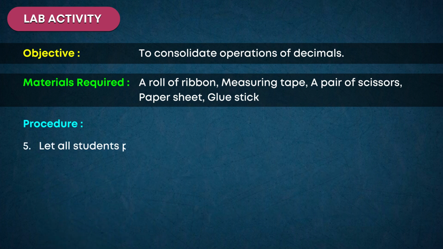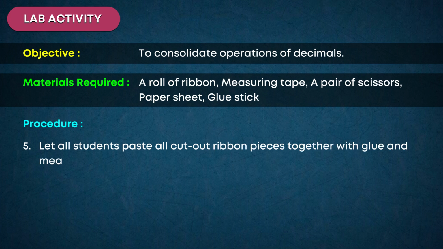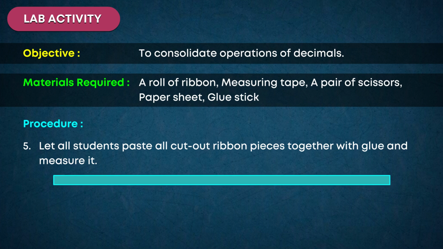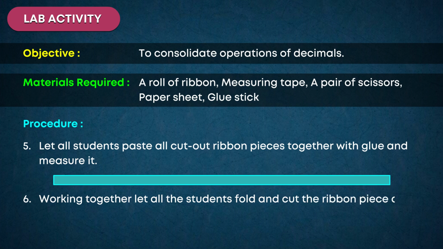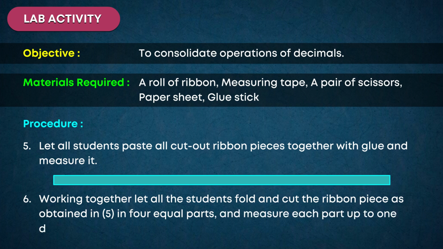Let all students paste all cutout ribbon pieces together with glue and measure it. 6. Working together, let all the students fold and cut the ribbon piece as obtained in 5 in 4 equal parts and measure each part up to 1 decimal place.